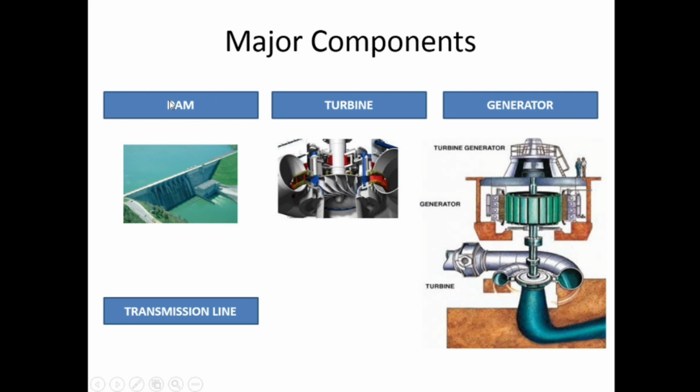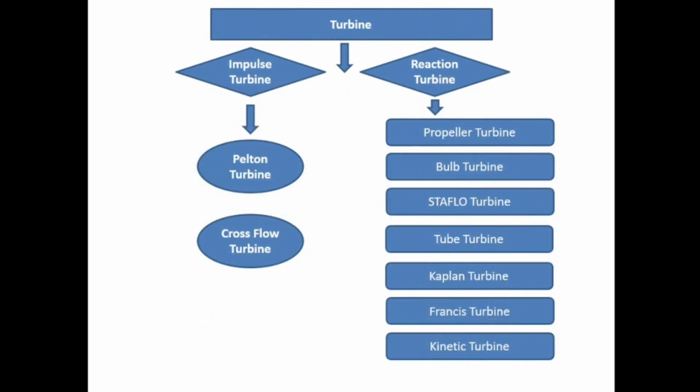Major components. This is the dam. Here is the reservoir. This is the floodgate, spillway. This is the turbine. This is the generator. Turbine is fitted with the generator. This is the draft tube. The turbine: there are two types.